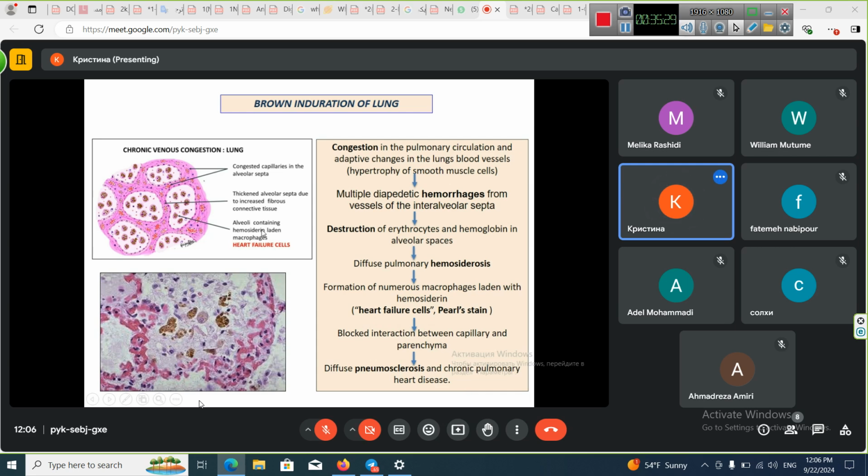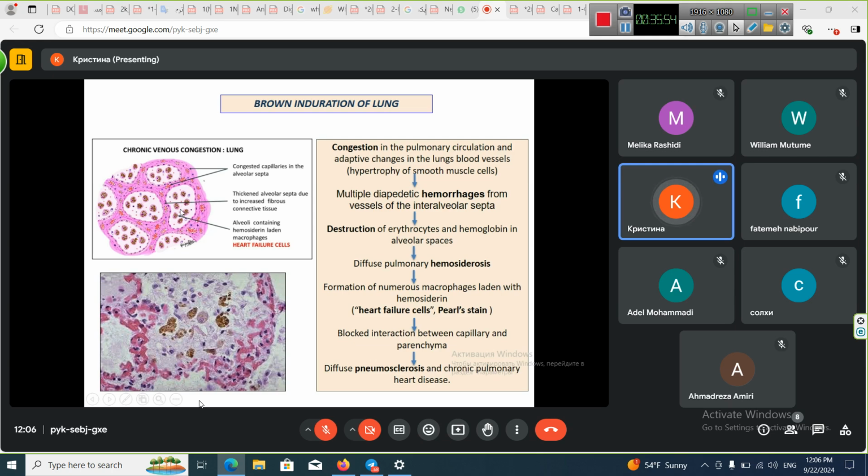What does it mean? Here you see what happened to alveoli. Inside the space of alveoli, now we see these large cells filled with brown granules. These are macrophages that have eaten erythrocytes, which came from blood capillaries in the wall of alveoli to the alveolar space.